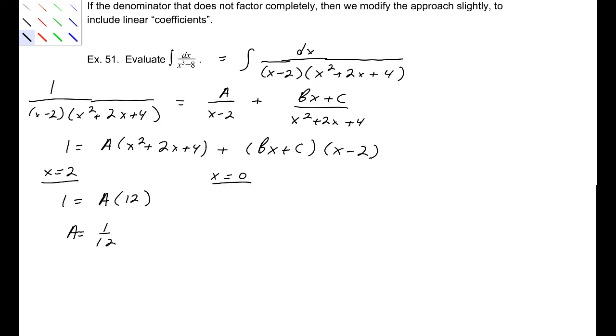I'm using that because that's going to cancel out the B term, the Bx there. So 1 equals 4A plus, we have a 0 there, so we just have C times negative 2. Well, we know what A is. A is 1/12. So that's 1/3.